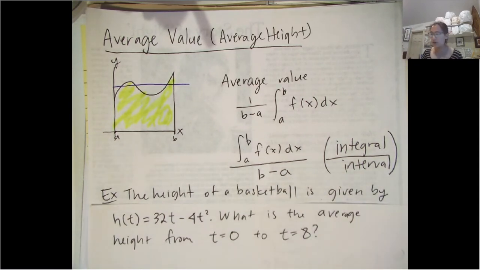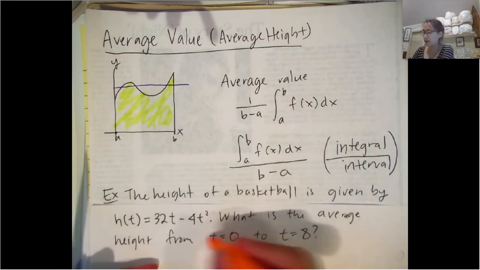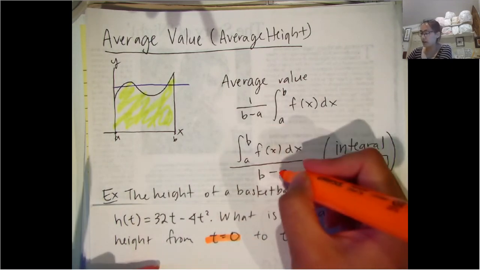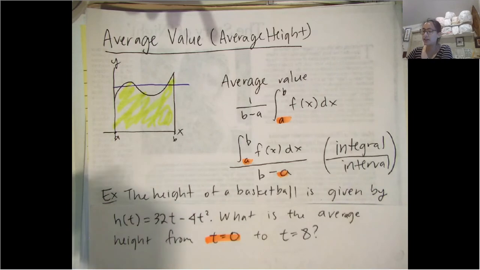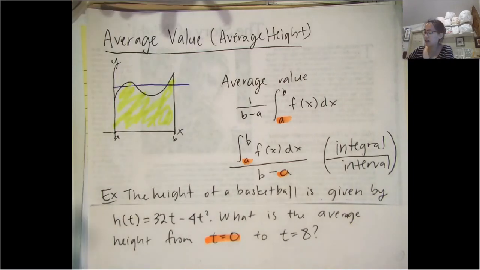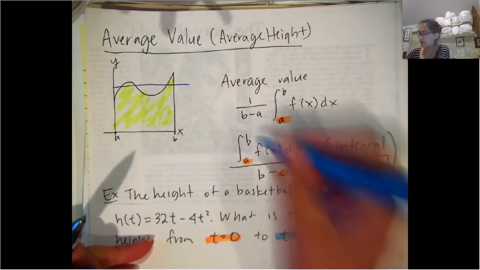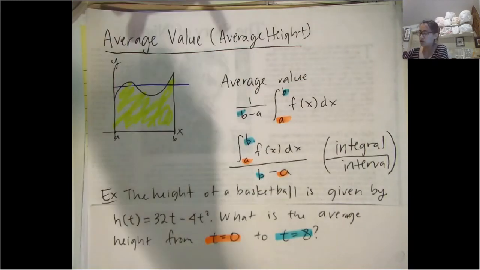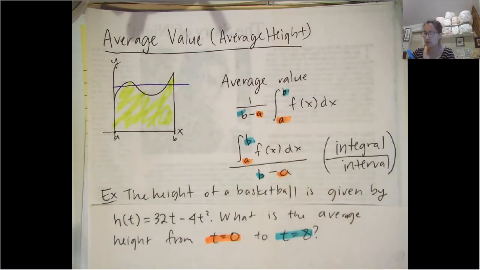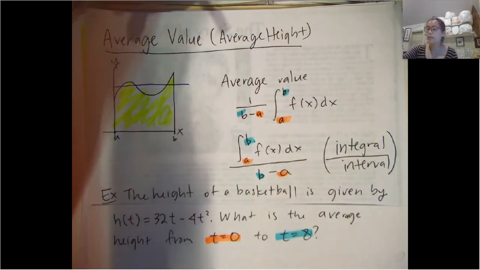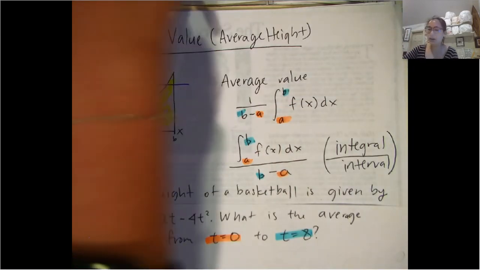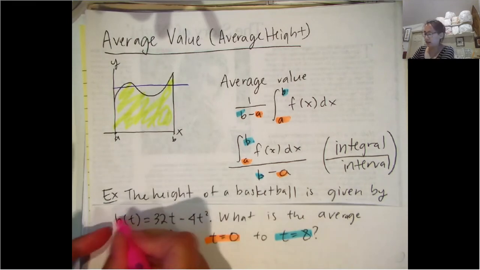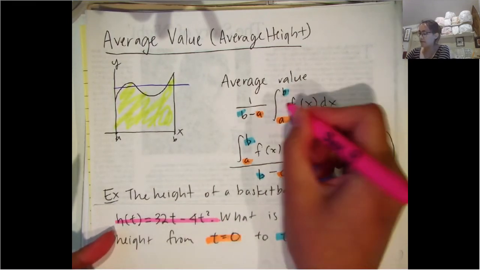So first of all, when you're doing a problem like this, you want to recognize that your a and b values are 0 and 8. So t equals 0 is going to be your a value, and t equals 8 is going to be your b value. And the height is going to be your function. So the height, h of t, is your f of x.